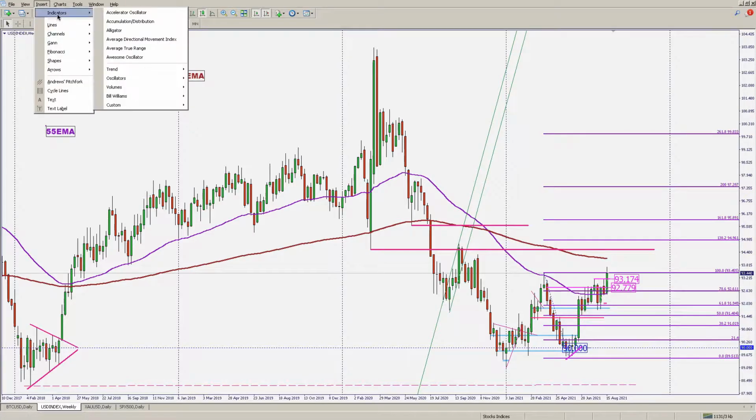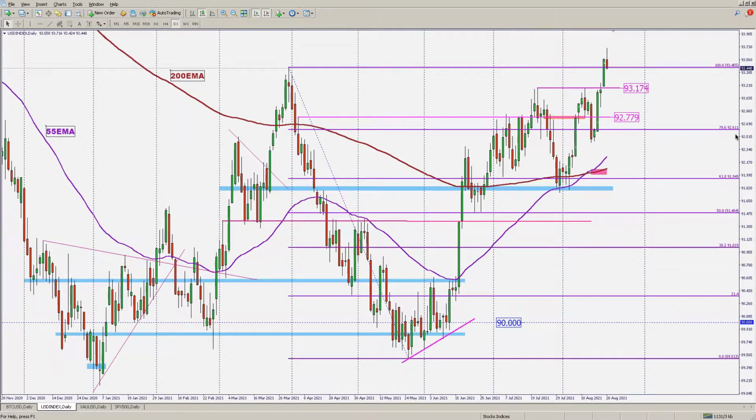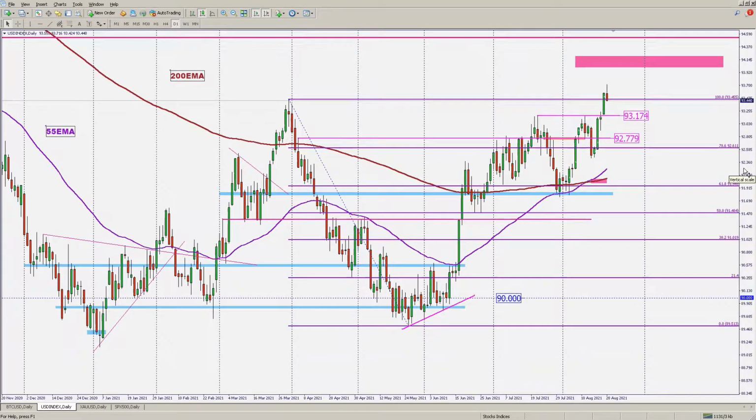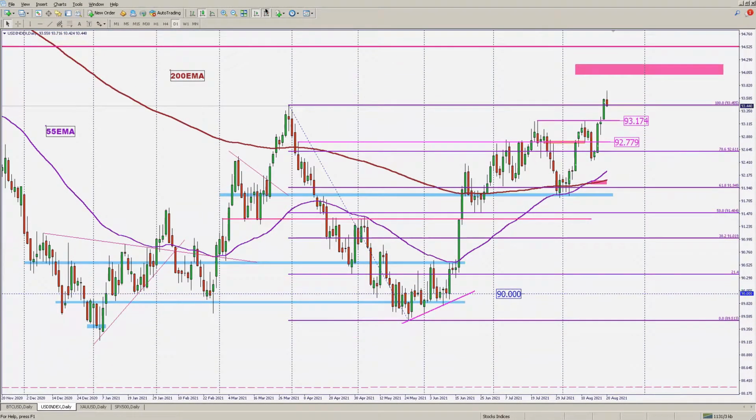So we could also just mark this level here. All right, that's going to be that trend line here, 94.10.